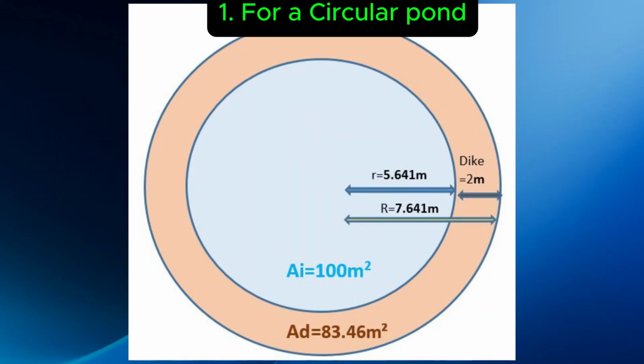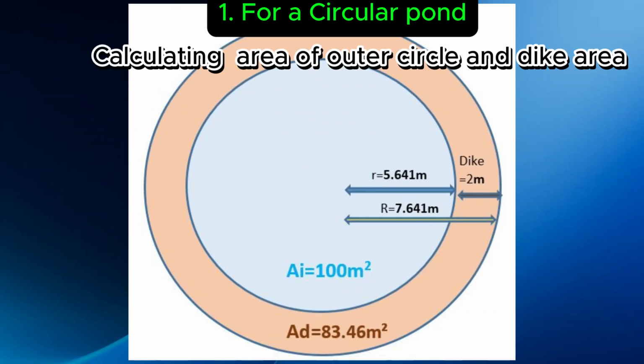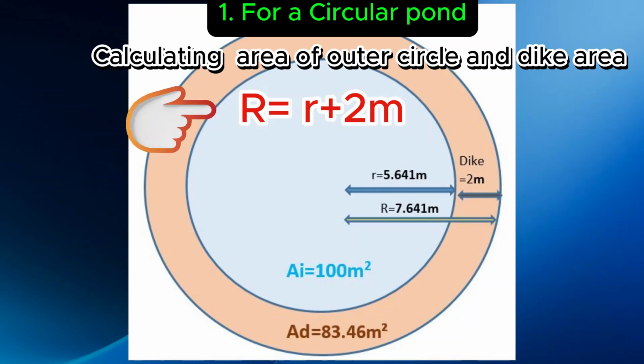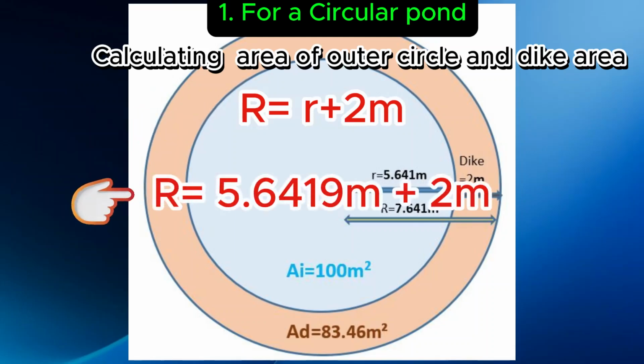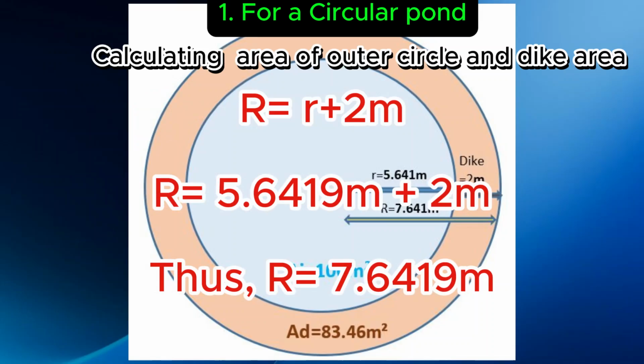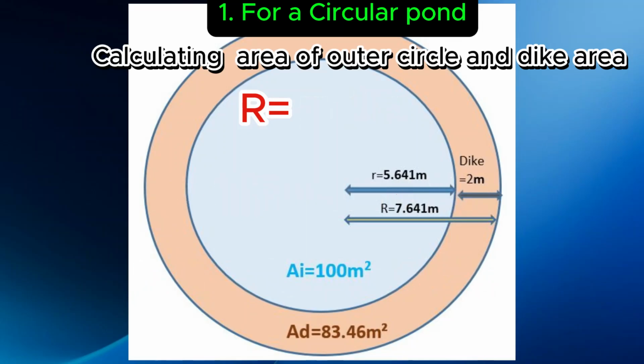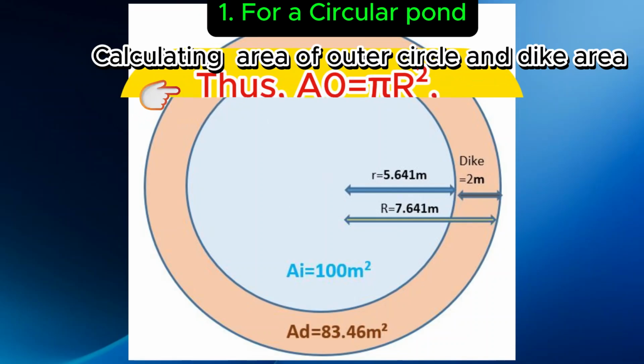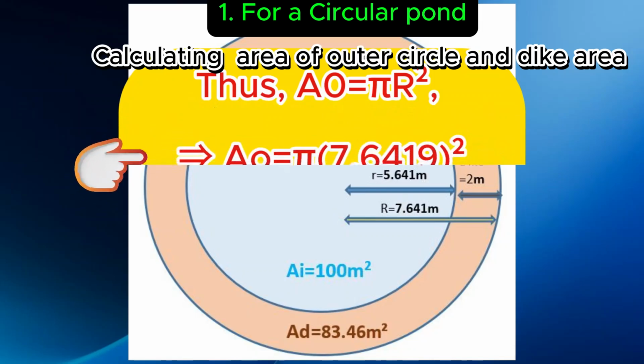Now let's calculate the area AO of the outer circle with radius capital R. Capital R equals small r plus 2 meters, which implies capital R equals 5.64 meters plus 2 meters. Thus, capital R equals 7.64 meters. Thus, AO equals pi times R squared, which implies AO equals pi times 7.64 squared.